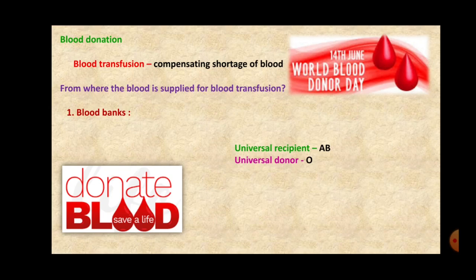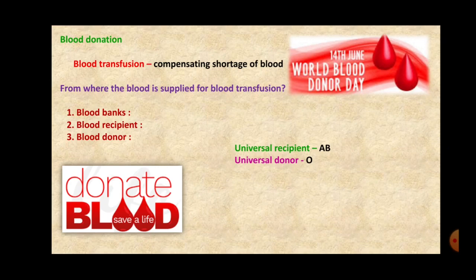So, the place where the blood is stored is called the blood bank. Then the person who receives the blood is called the blood recipient. And the person who donates the blood is called the blood donor.